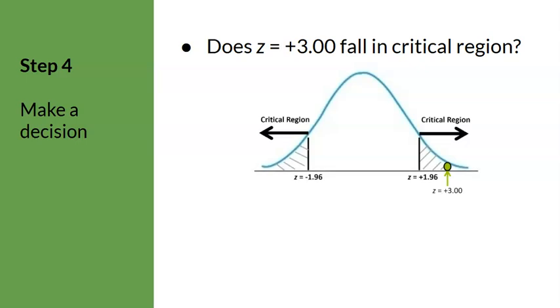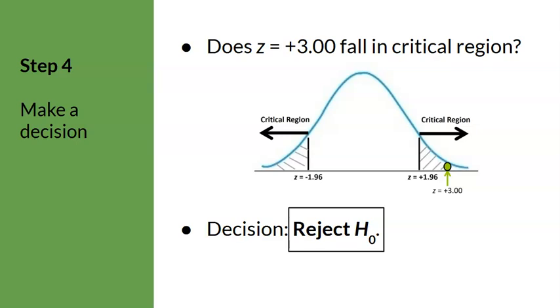Using the graph, we can see that the plus 3 that we calculated is past z equals plus 1.96, meaning the answer is yes. It does fall in the critical region. Then the decision is to reject the null hypothesis. The box indicates the final answer that we will be looking for on problem sets and exams.